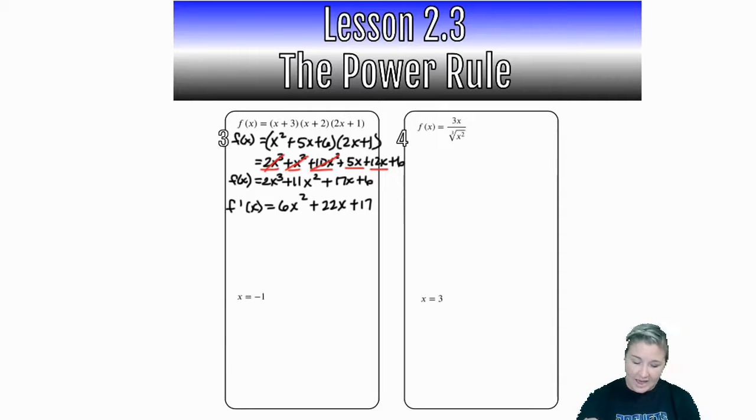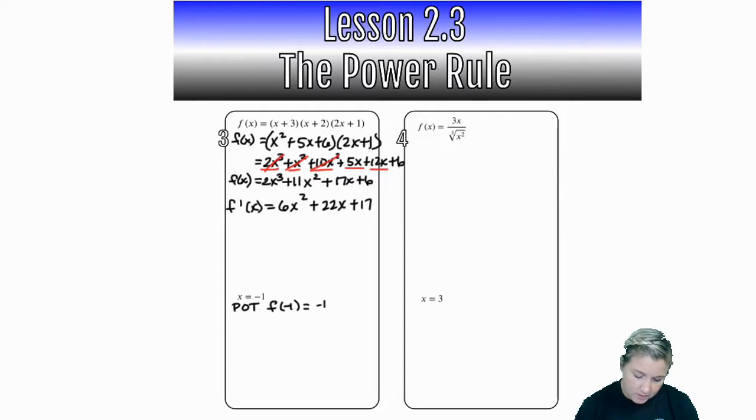So if I want to find that at x equals -1, I need to find the point of tangency, which is going to be just f of -1. So what is that y value going to be?